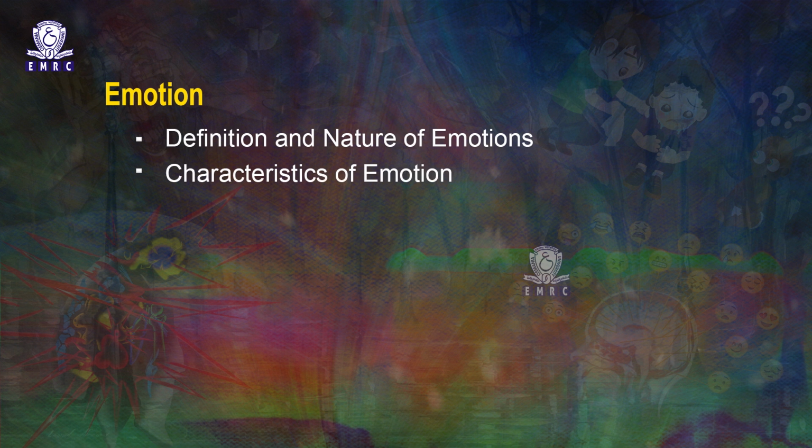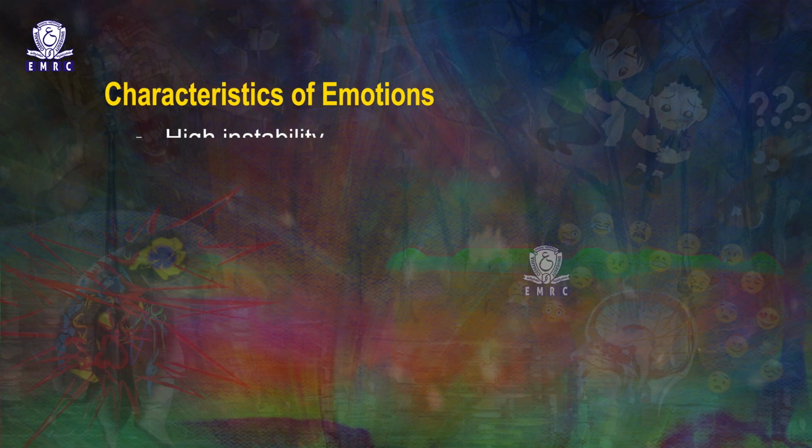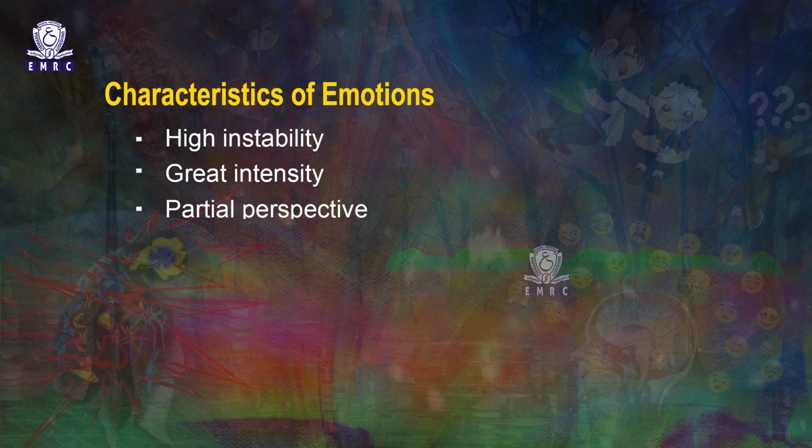So, characteristics of emotions. It is perceived that there are 4 characteristics for every hot emotion, which are typically intense emotions. The characteristics are: number 1, high instability, 2, great intensity, 3, partial perspective and 4, relative brevity.